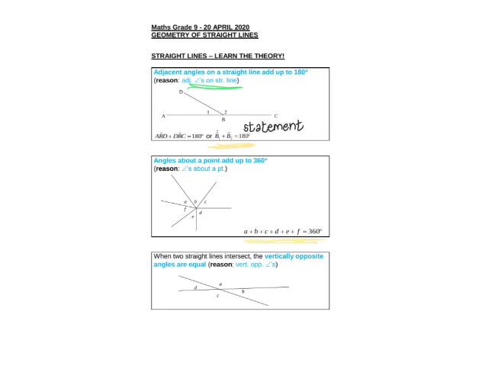Over here, this is your statement, and on top here your reason is angles about a point. We say in the statement that it adds up to 360, and then in the reason part we say why, because they're angles that come from the same point. They're angles around a point.